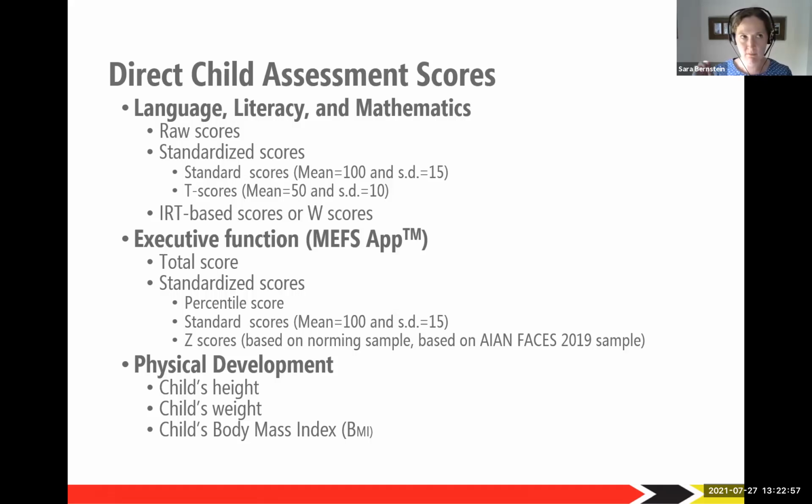In many components of the child assessment, the child gets routed to certain items depending on how many they're getting right or wrong. And so an IRT or W score would be an estimate had they taken all the items, which would have a 3 or 4-year-old sitting for far too long. More information on all of that is in the user's manual. And again, fall data is on the main file. The spring data is on that partial sample data file.